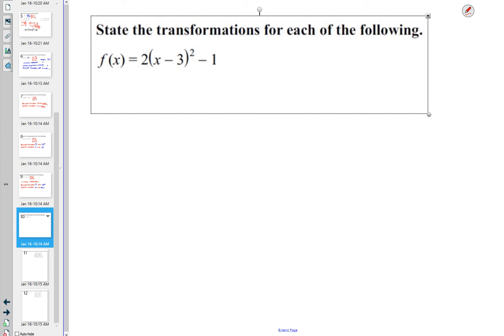The second one was around 32, 33%. The next one was around 36, 37%. And the last one is going to be around 50. Around half of you got some sort of credit.